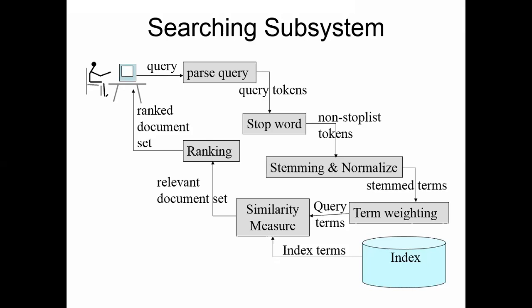That means if it registers a similarity score greater than 0, that document becomes relevant. The document is irrelevant if it registers a similarity score of 0. A 0 similarity score means the document is irrelevant for the query.